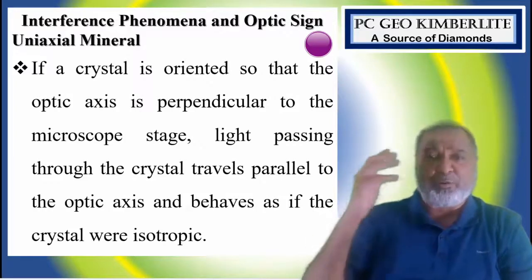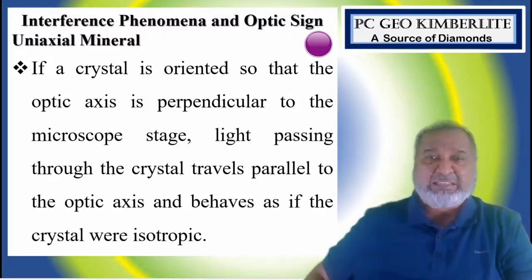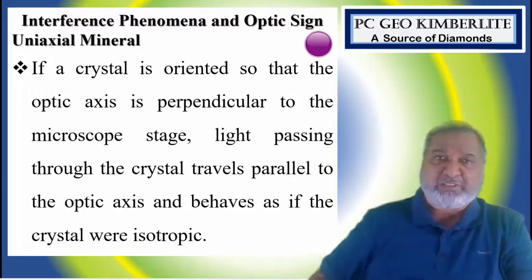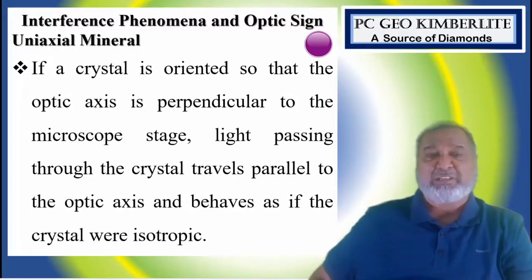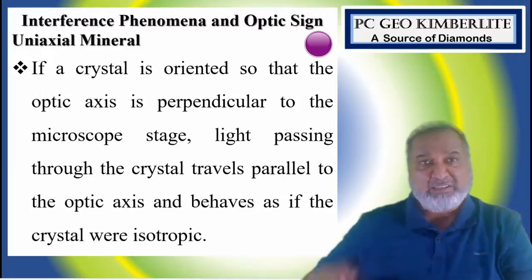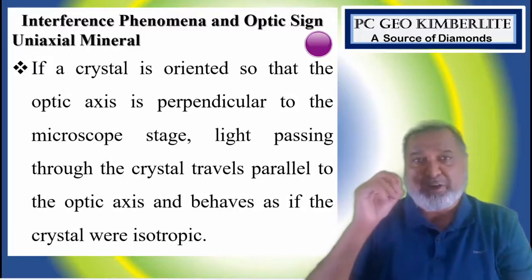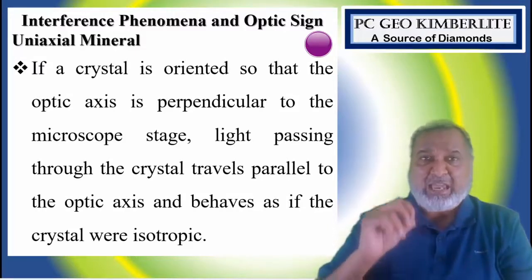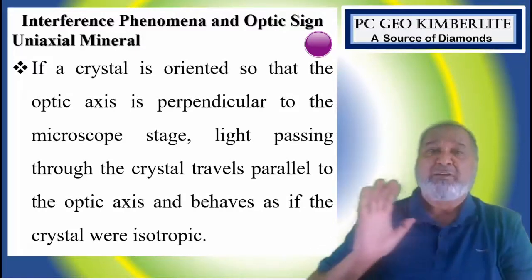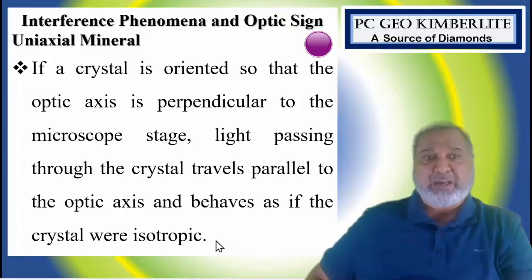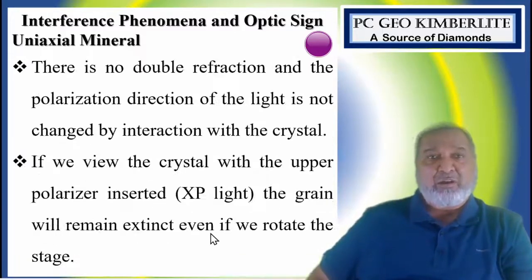If a crystal is oriented so that the optic axis is perpendicular to the microscope stage, light passing through the crystal travels parallel to the optic axis and behaves as if the crystal were isotropic.